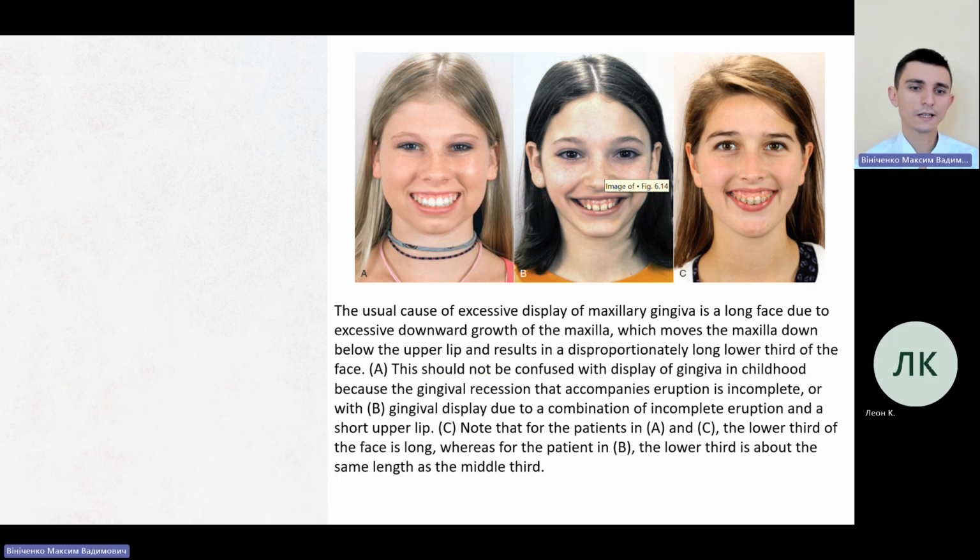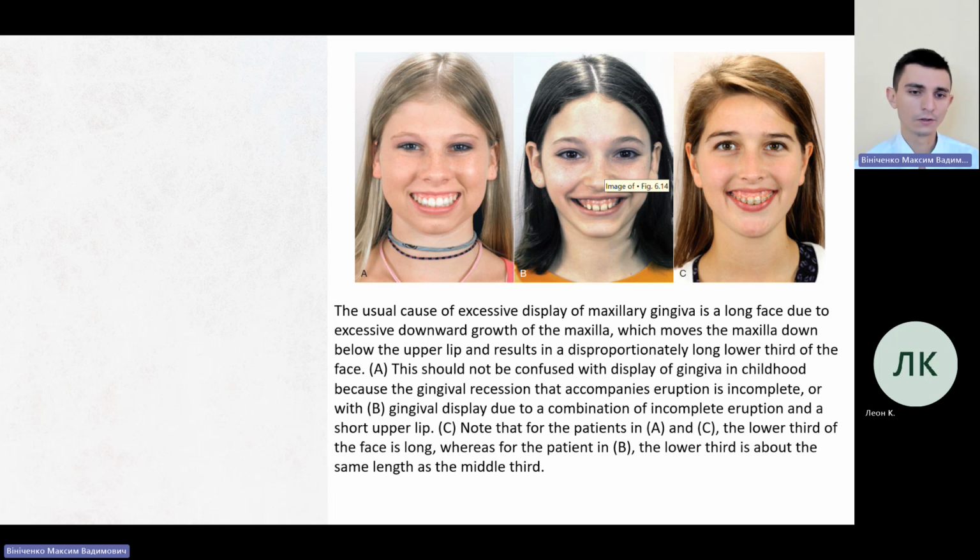The usual cause of excessive display of maxillary gingiva is a long face due to excessive downward growth of the maxilla, which moves the maxilla down below the upper lip and results in a disproportionately long lower third of the face.